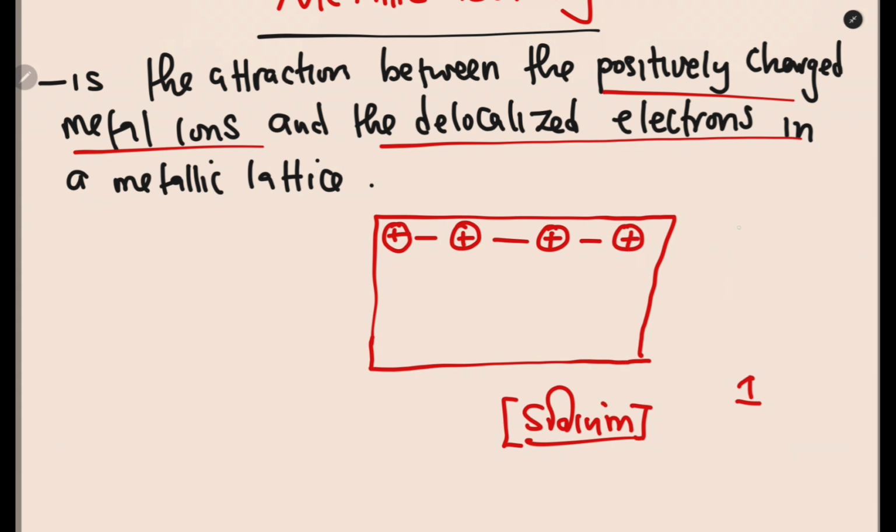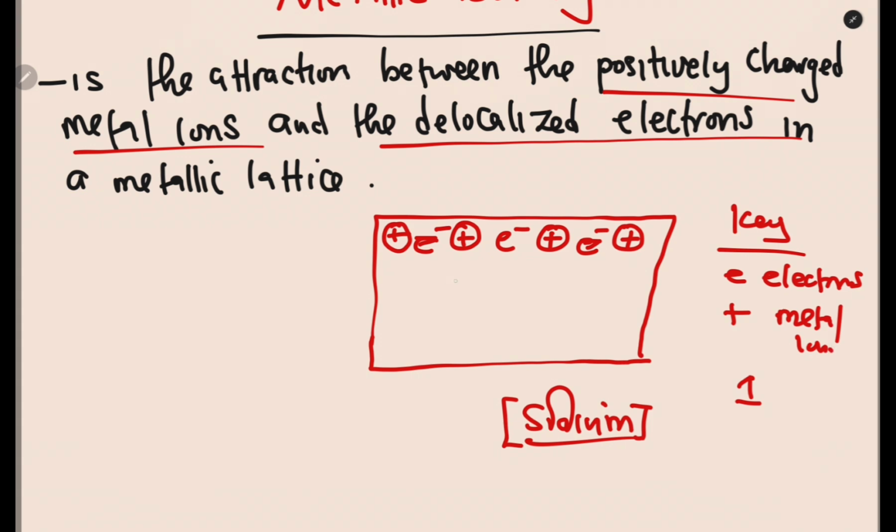So I'm denoting electrons like this, and the positive charge represents a metal ion. So this is what happens within a metal. It loses electrons, and the electrons are freely moving within the metal lattice.